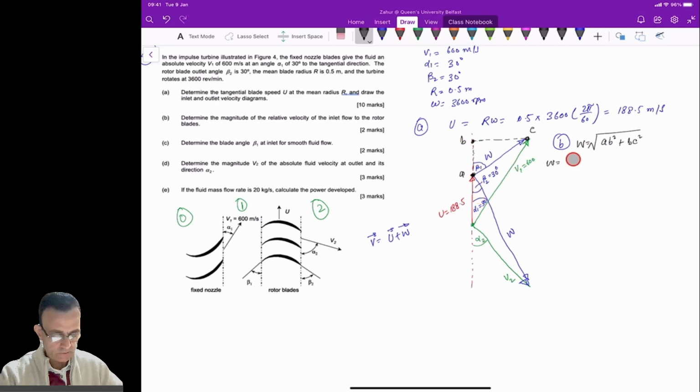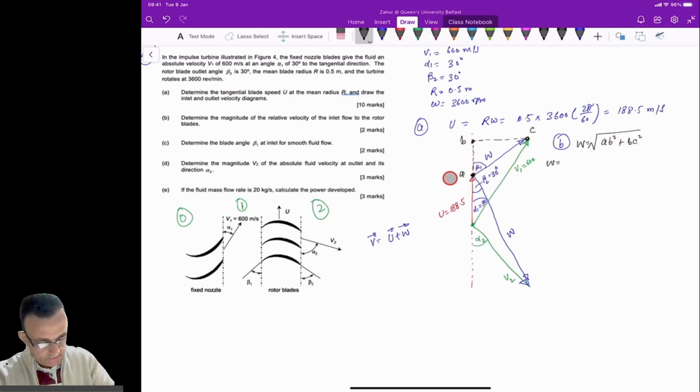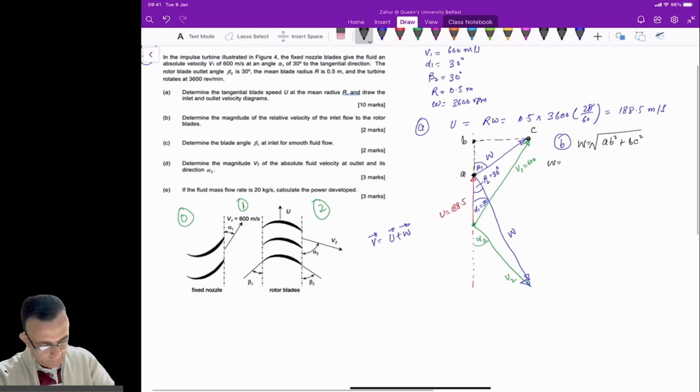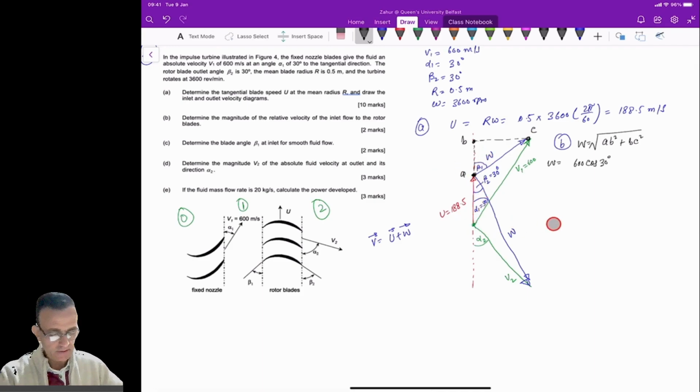So AB is actually 600 cos 30. 600 cos 30 is, if we call this D, DB, and now you need to subtract U, which is this distance here, to calculate this AB.